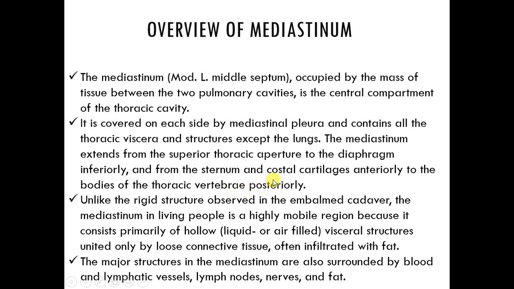So if we place one hand over the sternum anteriorly and one on the back over the thoracic vertebrae, the part between the two lungs that we are holding in the center is the mediastinum.